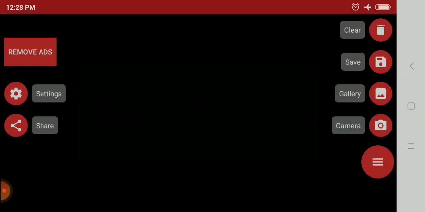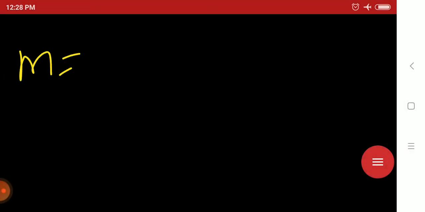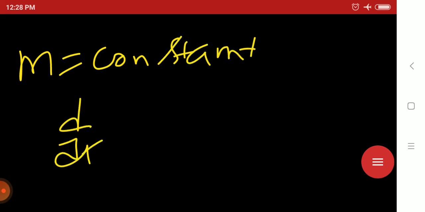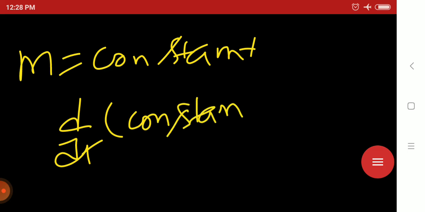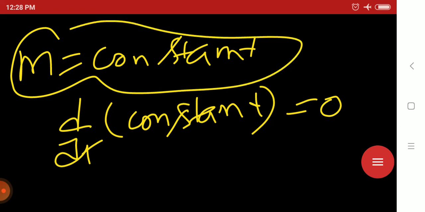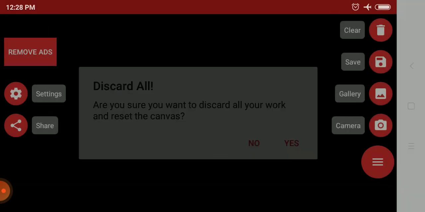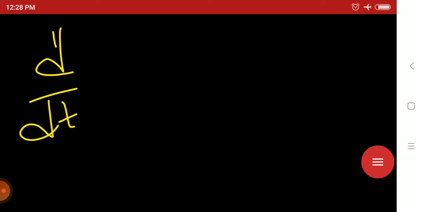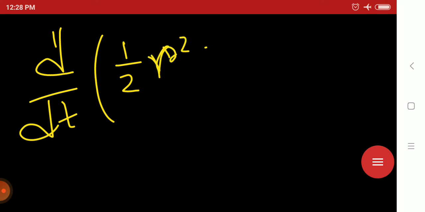The time derivative of a constant term is always 0, and m is constant there. So we can replace m with half. I will tell you why I am taking this half. So we can write d/dt of half r square theta dot equals 0.